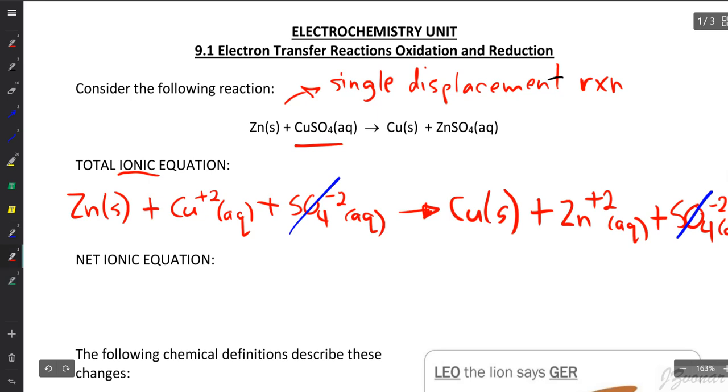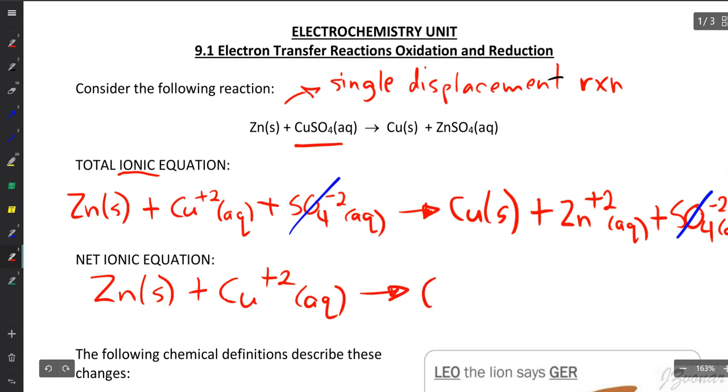In this instance there's only one spectator ion, and whatever is left over now becomes my net ionic equation. So I take everything else, and that's why it's important to include the states so we know what state they are in. And now we've got my net ionic equation.